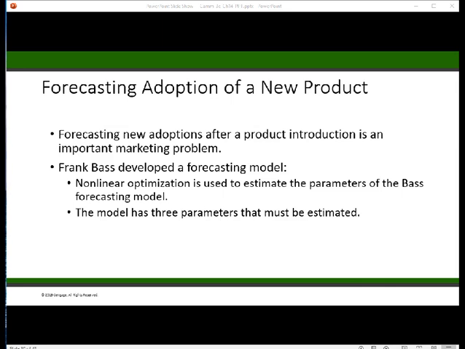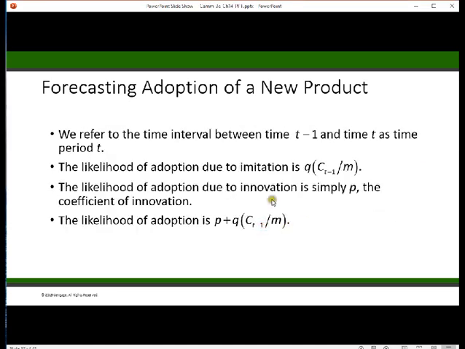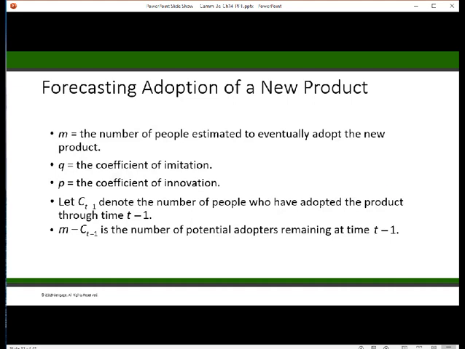The model has 3 parameters that have to be estimated: M, the number of people who eventually adopt the new product; Q, the coefficient of imitation; and P, the coefficient of innovation rather than imitation.